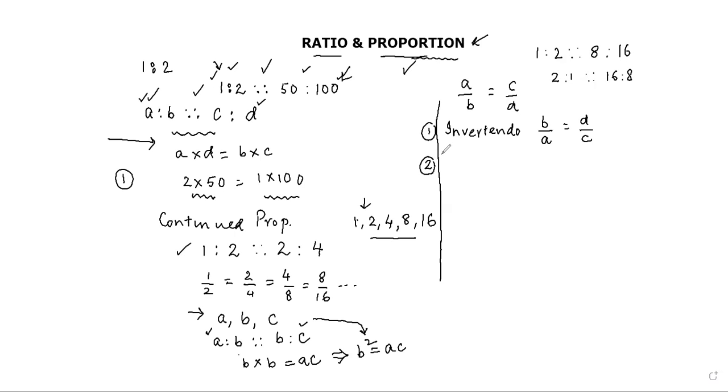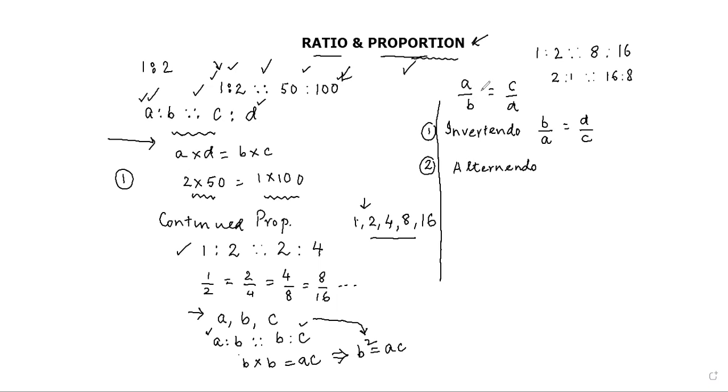Second one. If A is to B is the same as C is to D, then by the property alternando, these are not difficult names, alternando. What does this mean?